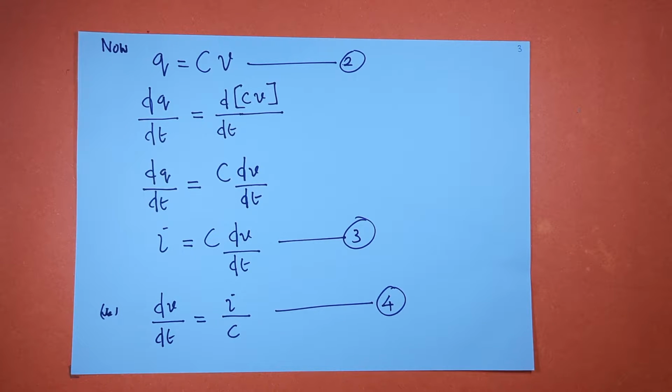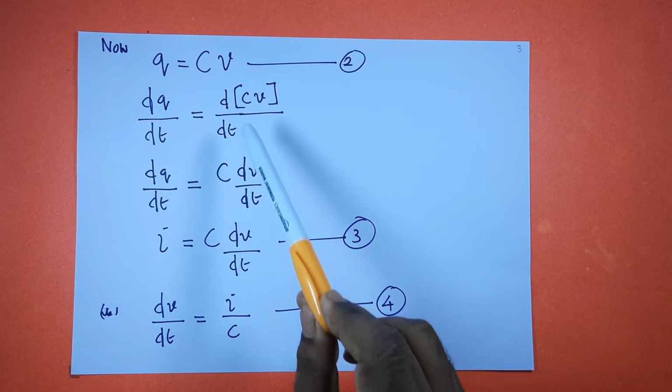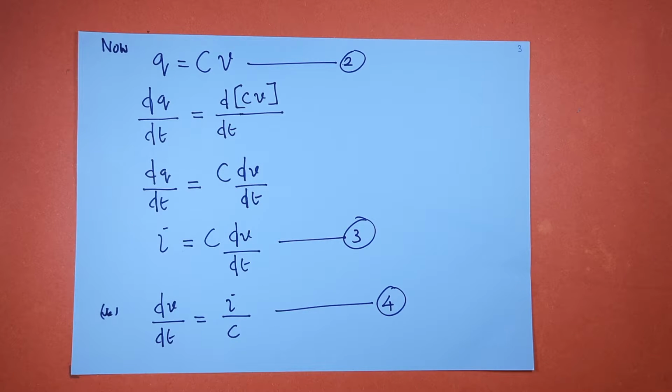Now from equation number 1, Q equal to C into V, you call equation number 2. Now you differentiate on both sides of equation number 2. So you have dq by dt equal to d by dt of Cv. dq by dt equal to, C is a constant, you can take it outside, C into dv by dt. See, this dq by dt is nothing but, by definition, current, that is the rate of flow of charge.